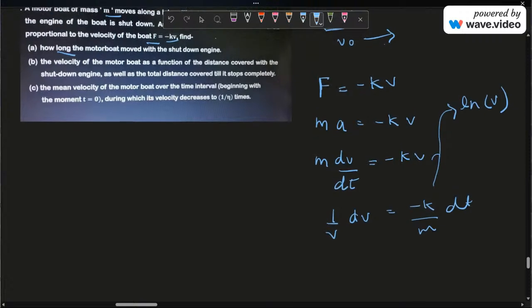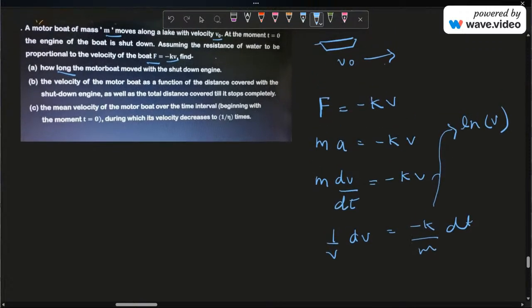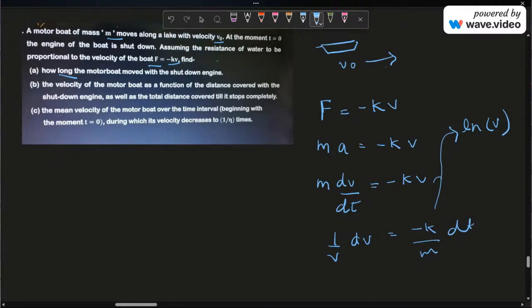So firstly, if we do the conceptual breakdown of this question, there were two possibilities: that initially the boat was going upstream, or initially the boat was going downstream. But I would say the upstream statement would be correct because when the engine is turned off, the resistive force is directly proportional to minus k into velocity.